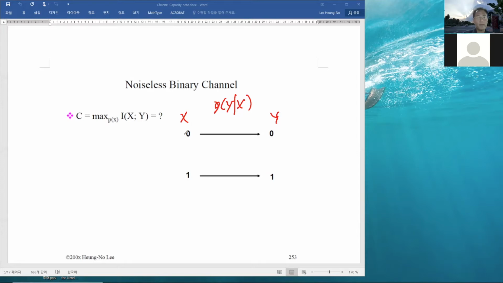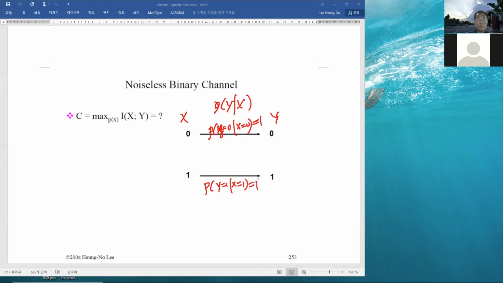When the input alphabet is equal to 0, this picture shows that the output is 0. That is, the probability of y equal to 0 given x equal to 0 is 1, because there is no other output. And this one says when x is equal to 1, y is equal to 1 with probability 1. There are no other possibilities.